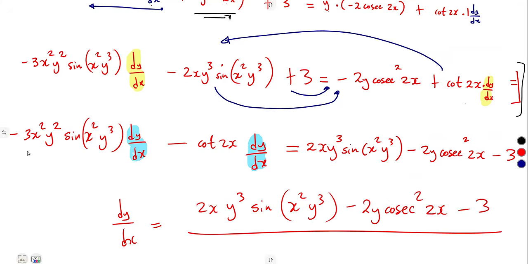Simply divide by what was remaining: this part that is remaining, minus 3x squared y squared sine of x squared y cubed, minus cot of 2x. So that's basically what you are going to have at the end when simplified. This is what we're going to simply have.